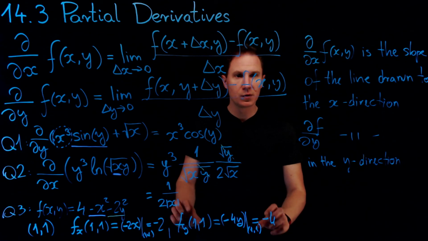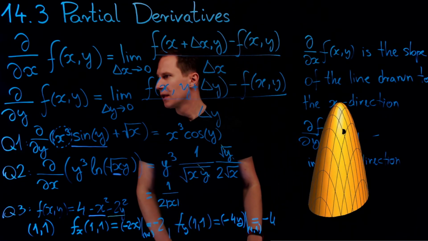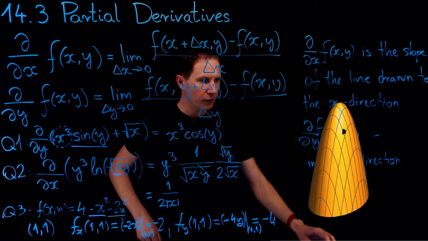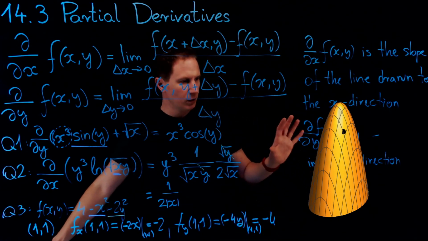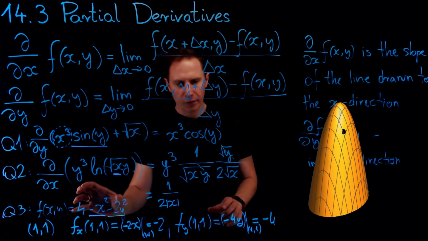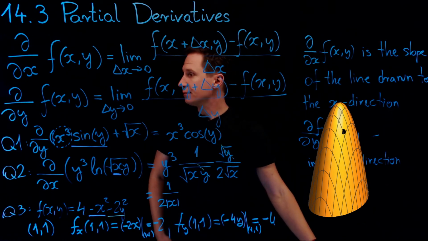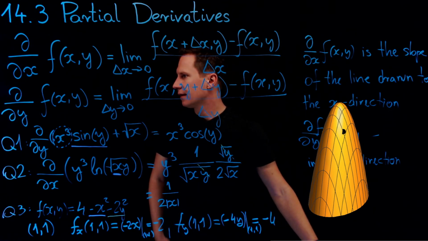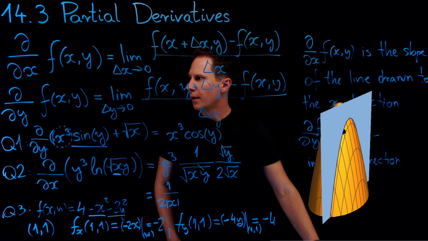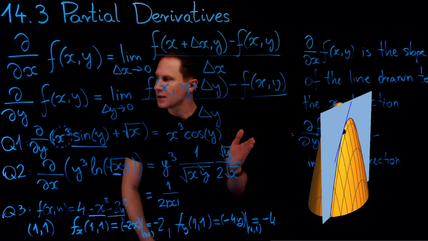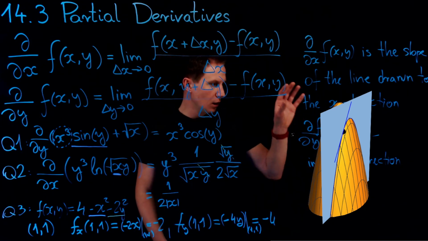So these are the two slopes that we'll obtain if we take the graph of this function. What we see here is the graph of 4 minus x squared minus 2y squared. That's a point, something like 1, 1. Let me show you that by computing the x derivative, we get minus 2. That's the slope of that blue line.